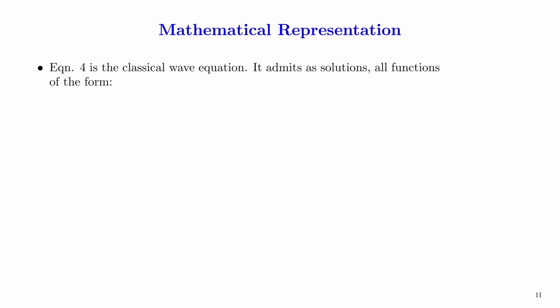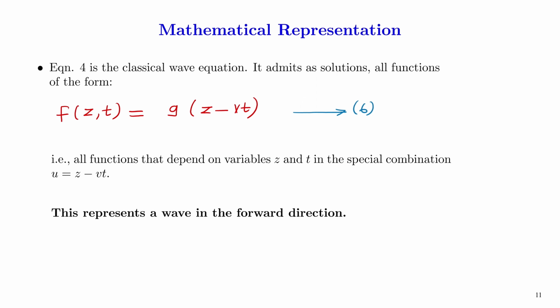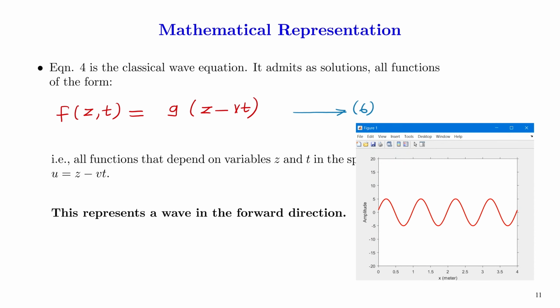It admits as solutions all functions of the form f(z,t) equal to g of z minus vt. That is, a function that depends on variables z and t in the special combination u equal to z minus vt, and this represents a wave that is moving in the forward direction.